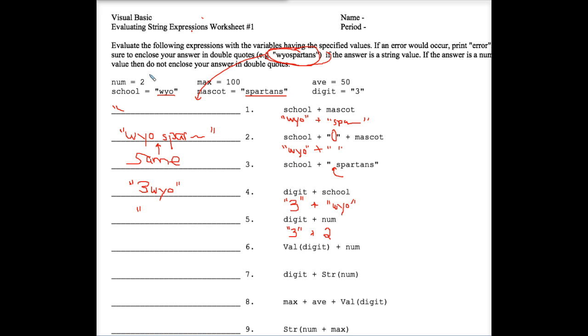The number 2 in this worksheet doesn't have quotes around it. But because of the way Visual Basic works, when you have a string being added to a number, the final result is turned into a string. So in other words, the 2 here is turned into a string and added to the 3 by concatenation.